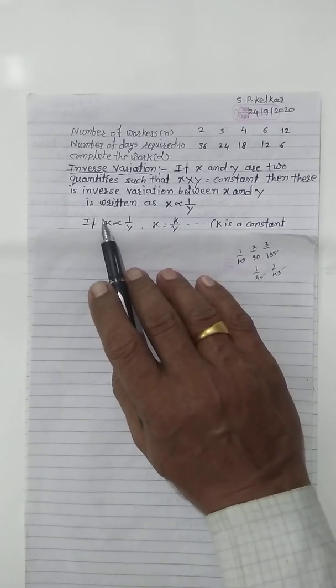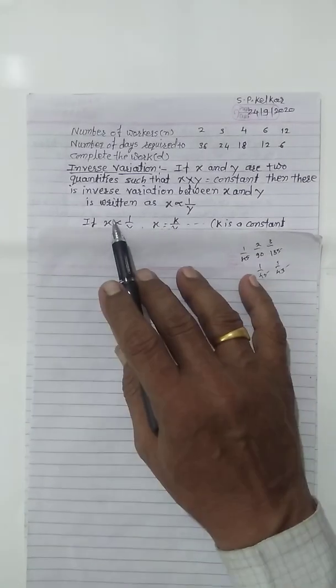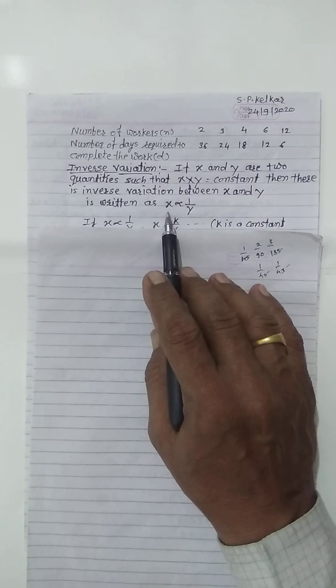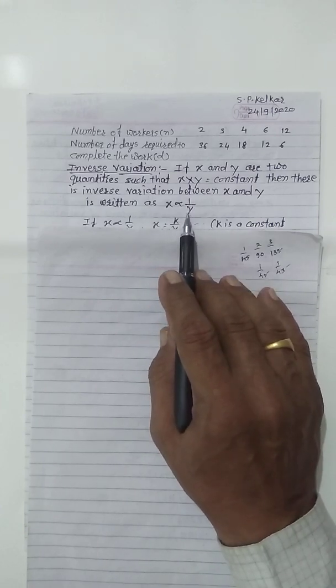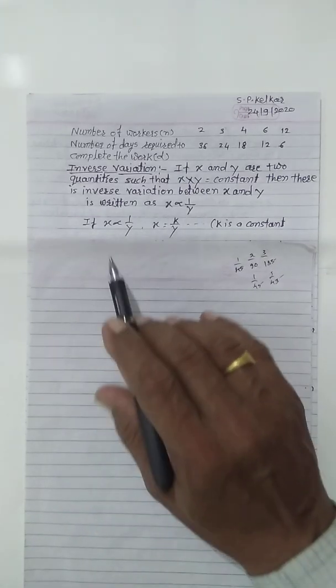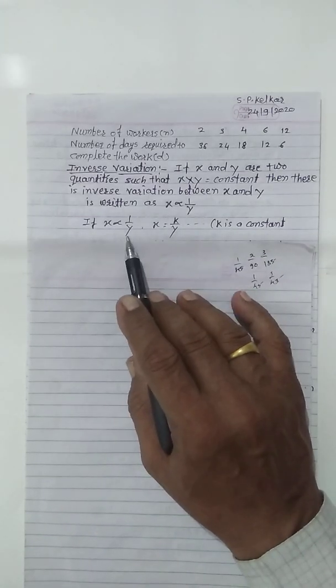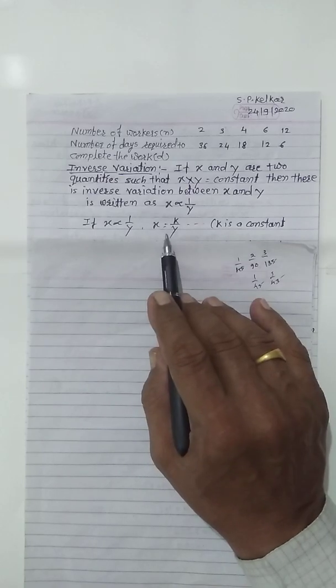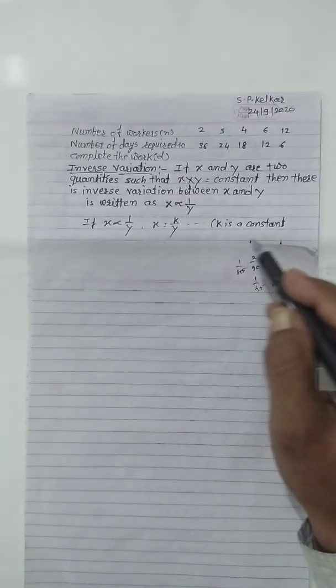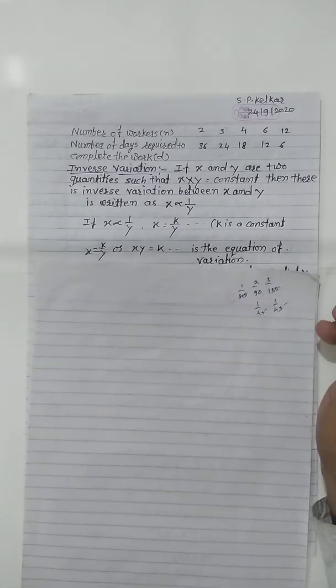Now this inverse variation is written in symbolic form as x inversely proportional to 1 upon y. Then we say that if x is inversely proportional to y, x equal to k upon y, where k is the constant of variation.